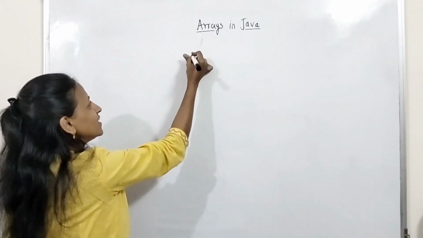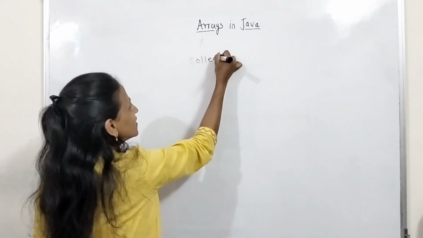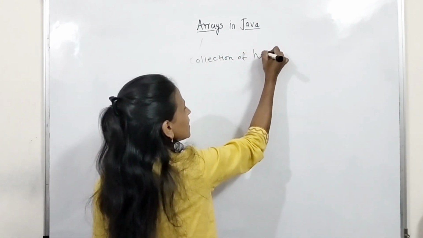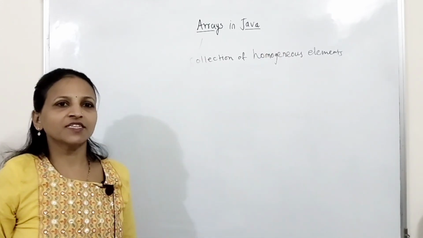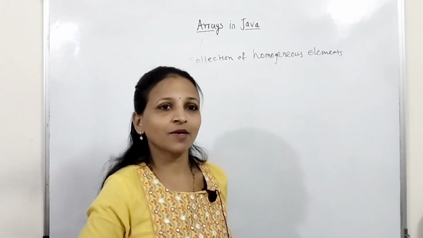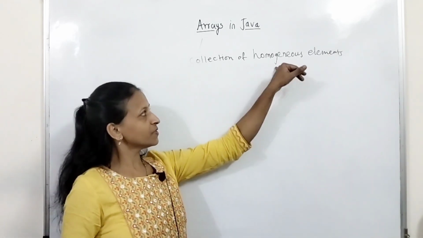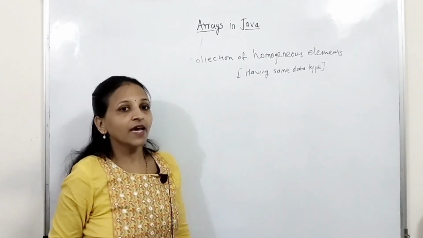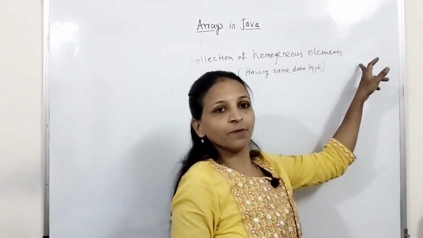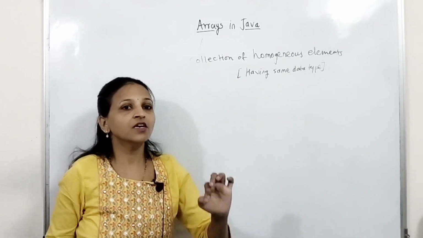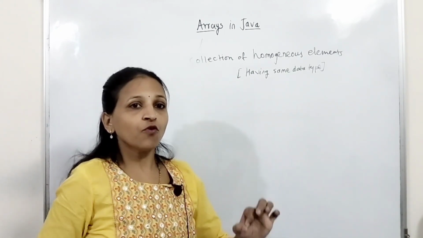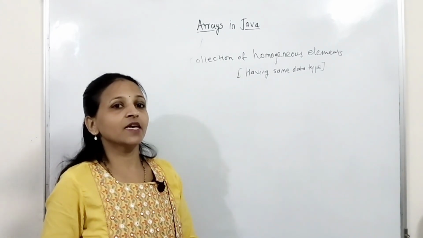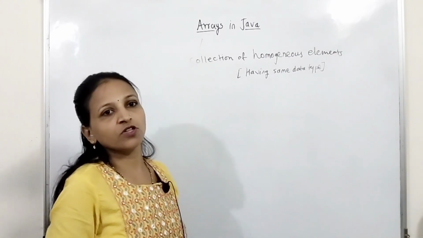In simple words, first I will give you the definition, then in proper wording I am going to explain it. See, array is a collection of homogeneous elements. Homogeneous means having the same data type. What is an array? Array is a collection of homogeneous elements, means the elements which are having the same data type. If you want to group together multiple elements of the same data type, then you can use the array concept.